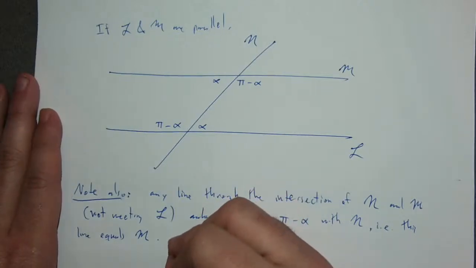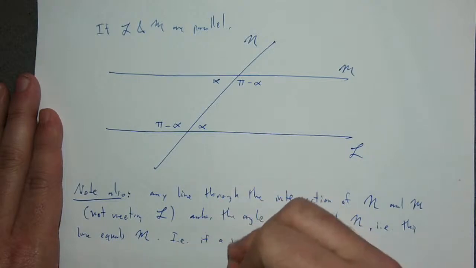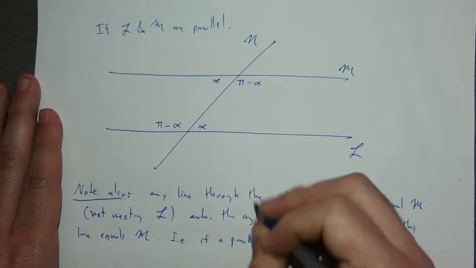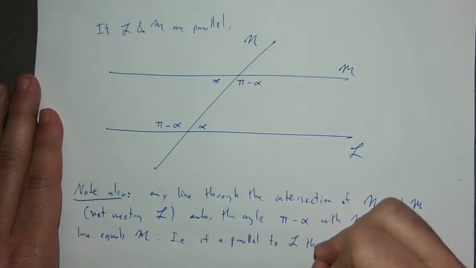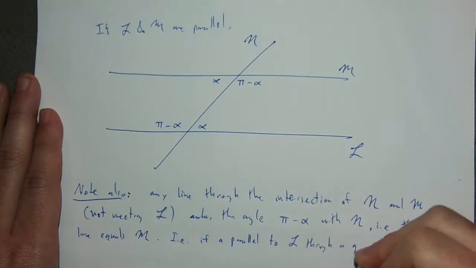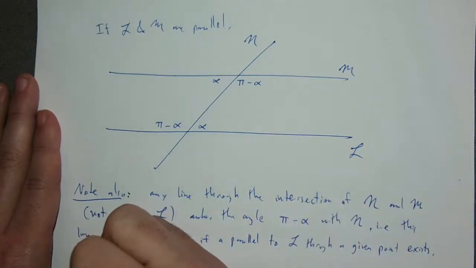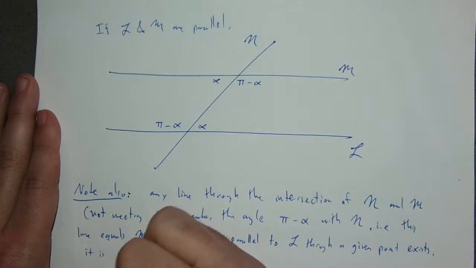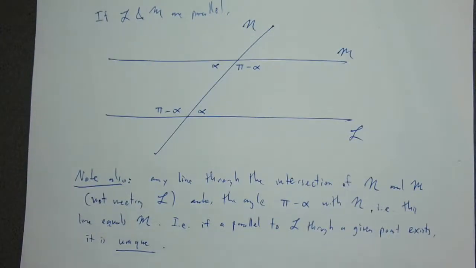Okay, i.e. if a parallel to L through a given point exists, it is unique, meaning there's only one, right?